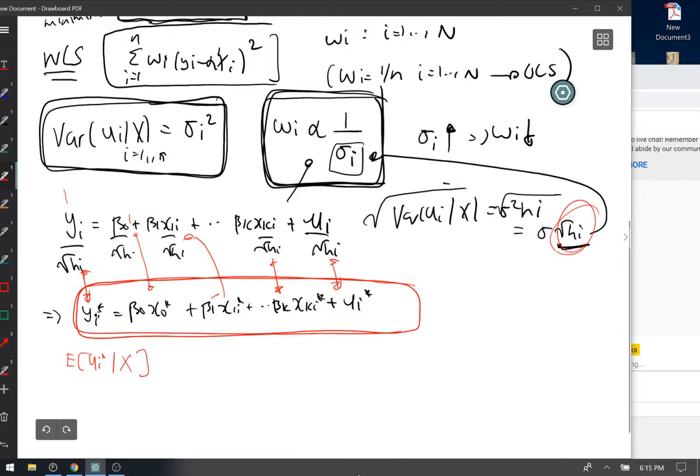Ui star, just plug it in, is equal to the expectation of the original ui divided by the square root of h_i, which is a function of xi, given x. When we condition on x, x is fixed or known, so we set x to some known value. So this is known, it comes outside and just becomes a constant.